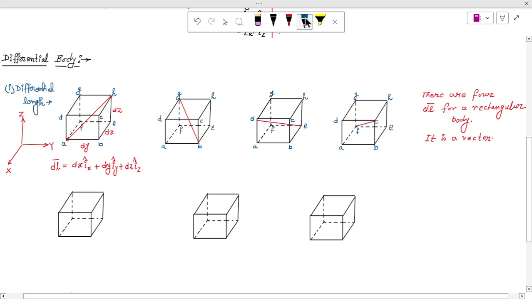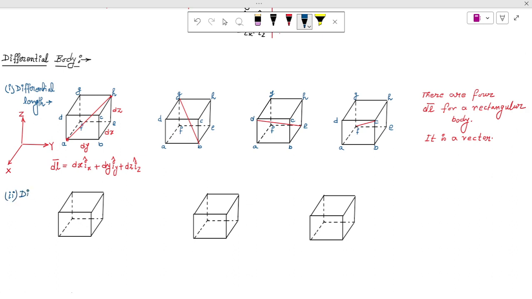Okay. Now number two, the differential surface. In short, differential surface, very important.